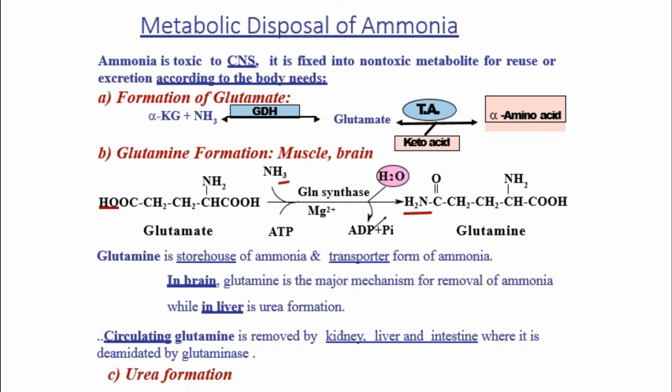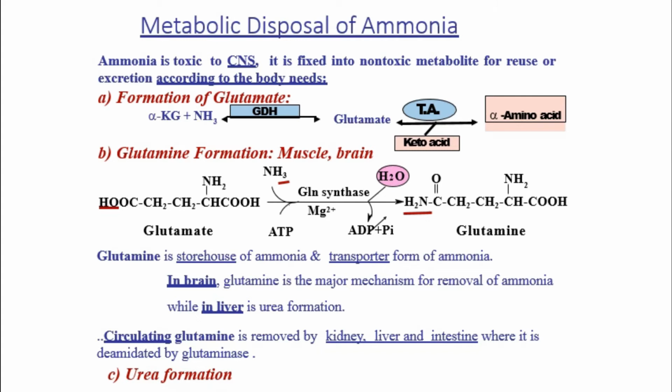In the liver, ammonia is removed by the formation of urea. The glutamine circulating in our blood is ultimately deamidated by the enzyme glutaminase and excreted. The third thing by which ammonia can be disposed of is urea formation.